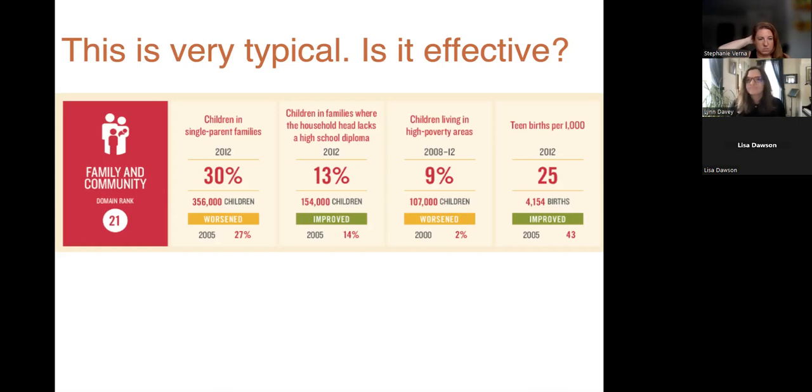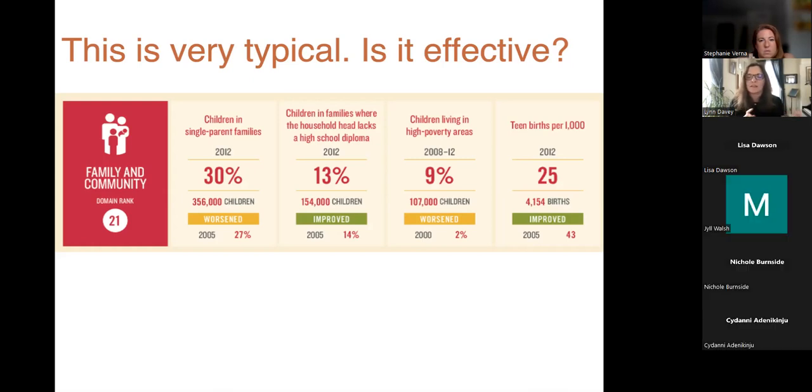This is really about, especially the single parent families, a proxy indicator. And I'm sure that's someplace in the limitations. Children in single parent families is only sometimes an indicator of family economic status.